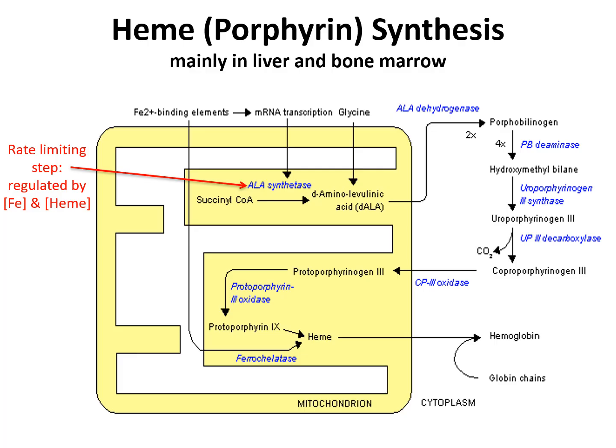This enzyme catalyzes the rate-limiting step for the formation of heme, and it is regulated by the levels of both iron and heme. In other words, when there is a decrease in heme levels, there is a stimulation of ALA synthase to form more heme, and vice versa.